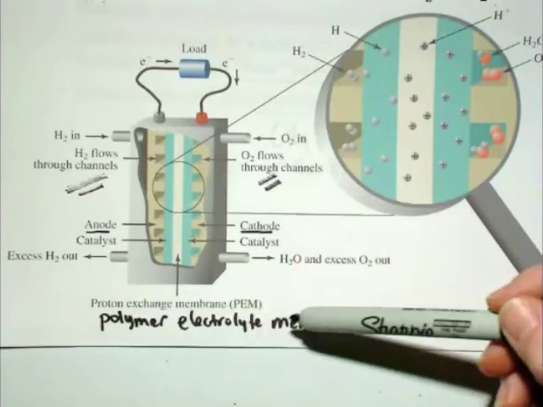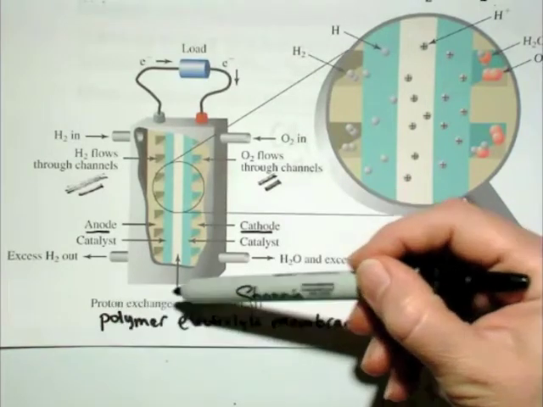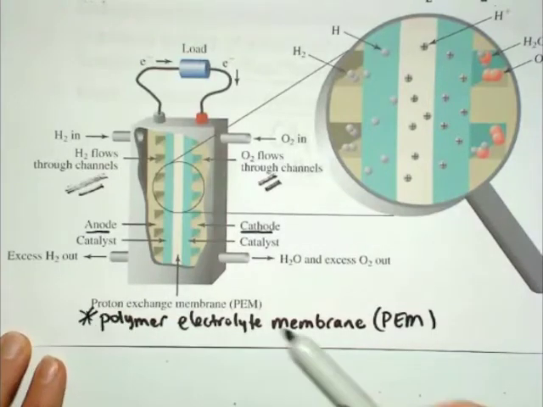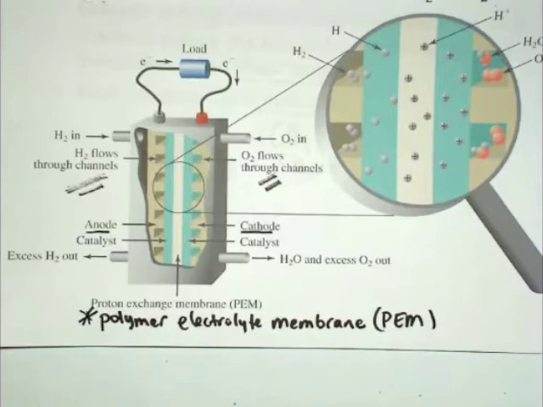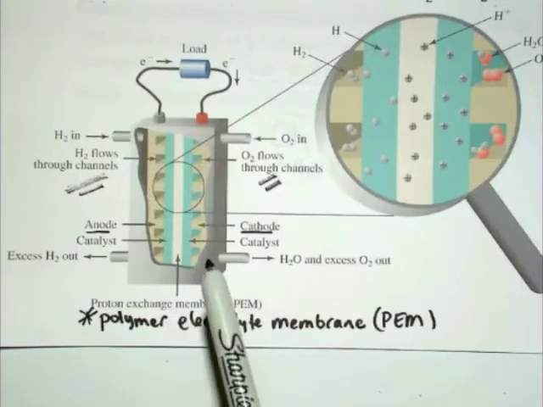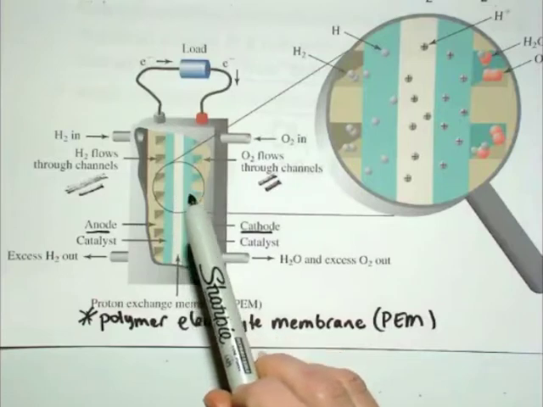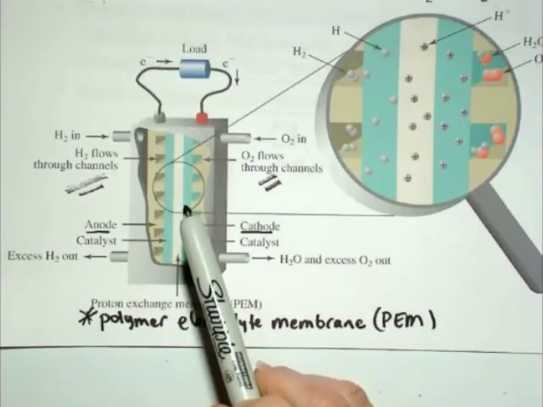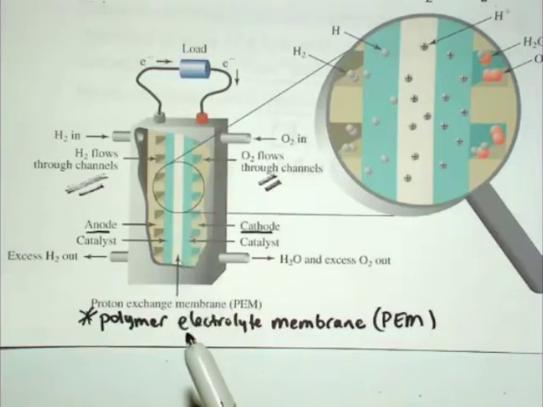The polymer electrolyte membrane is a place for proton exchange to occur, and a polymer is a more modern type of membrane used in these fuel cells. But you'll see the words electrolyte and proton exchange. That's telling you that this is the place that is analogous to the salt bridge in the galvanic cells that we've been looking at before.